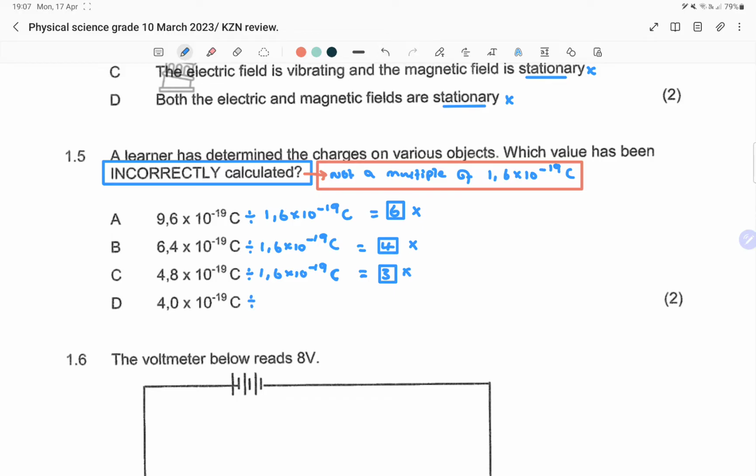Okay, let's demonstrate that. So we've got 4.0 times 10 to the exponent minus 19 divided by 1.6 times 10 to the exponent minus 19. So here I'm getting a 2.5.